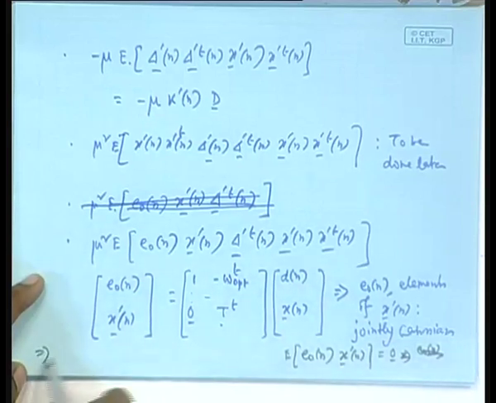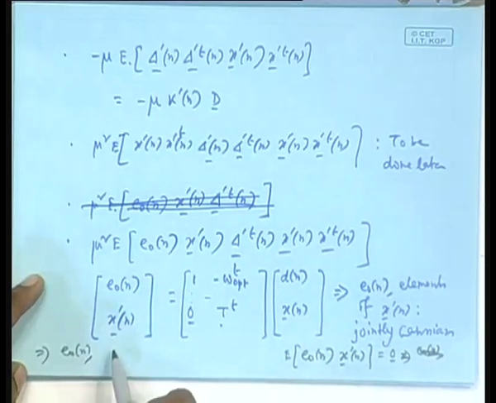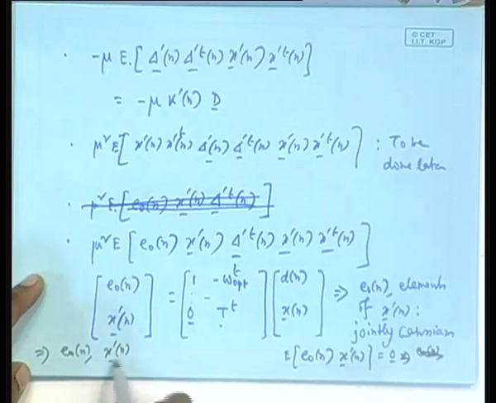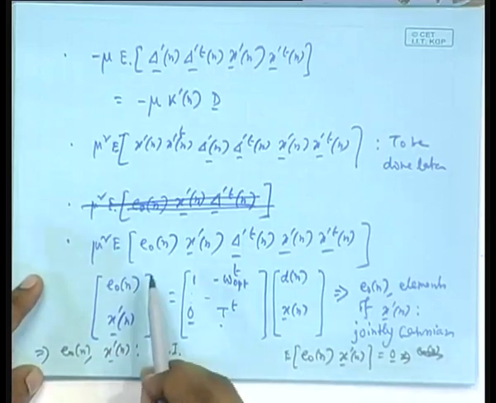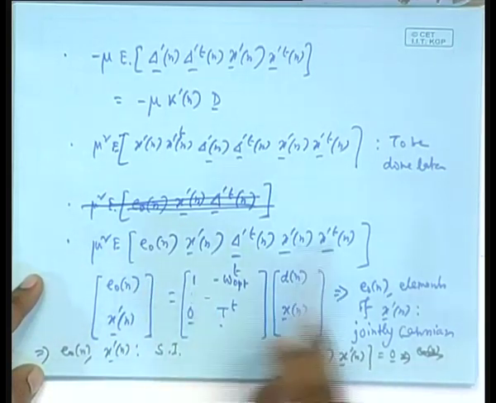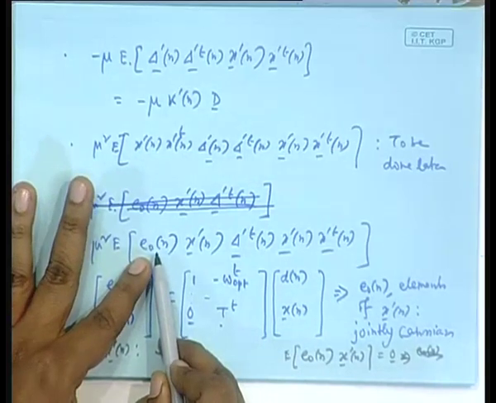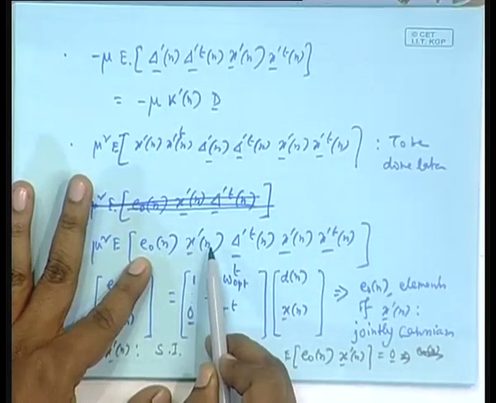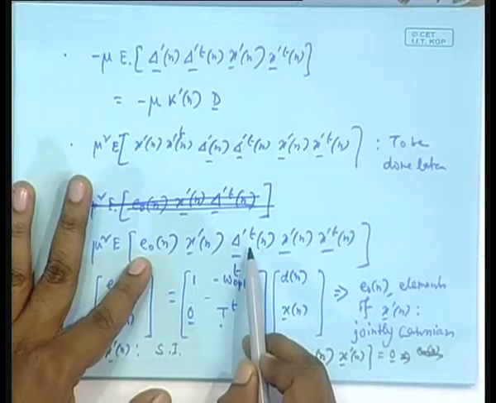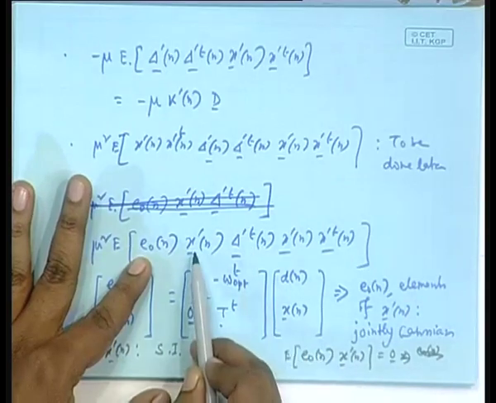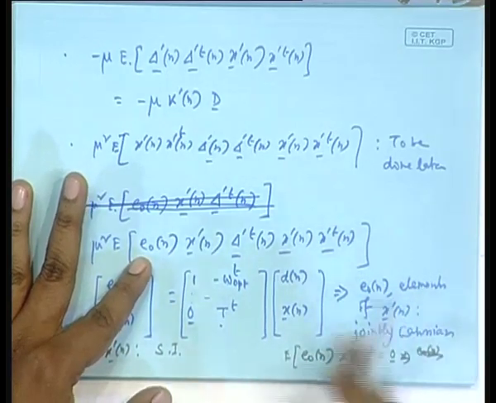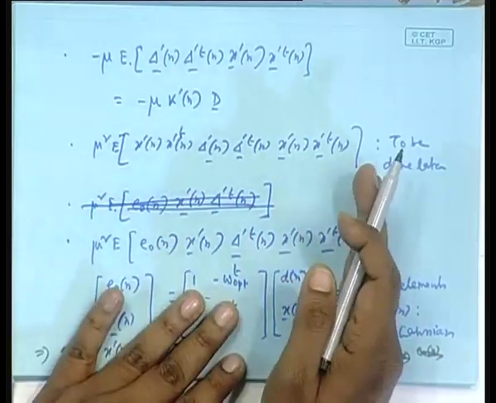This means e o n and x prime n are statistically independent. If so, that will help me in resolving this. So e o n is statistically independent of x prime n, and of this guy because of the independence assumption, and of this guy because of this fact. So then e o n can be separated out from the rest.